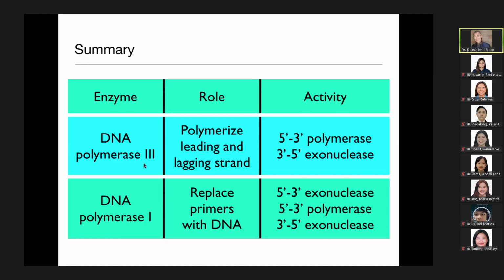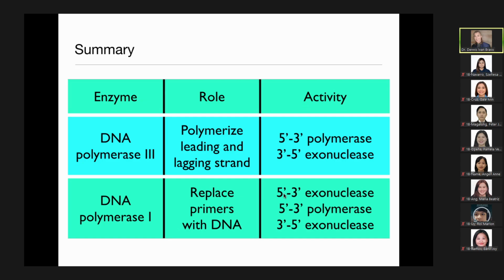DNA polymerase 3 is the main replicative enzyme as it polymerizes both the leading and lagging strand through a 5' to 3' polymerase enzymatic activity. And it has a proofreading function to ensure fidelity of replication. On the other hand, DNA polymerase 1 takes out the primers.